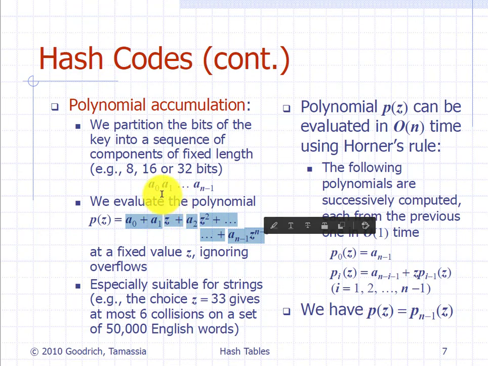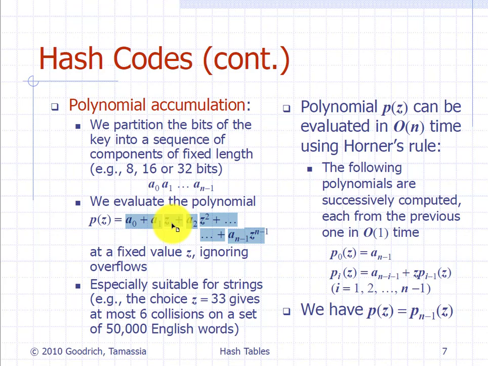Suppose you have that value I said before, 1, 1, 1, 1, 2. Then A0 will be 1, A1 will be 1, A2 will be 1, and then A3 will be 2, because it's 1, 1, 1, 2. We pick a z, any z will do, as long as it's a constant. And we put it into this formula and calculate it.